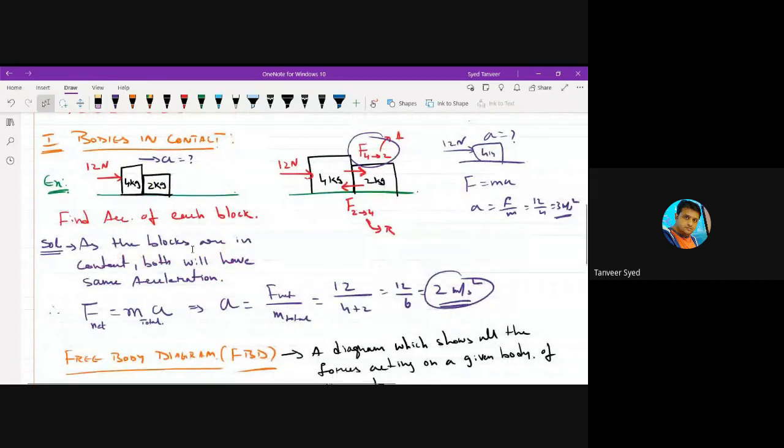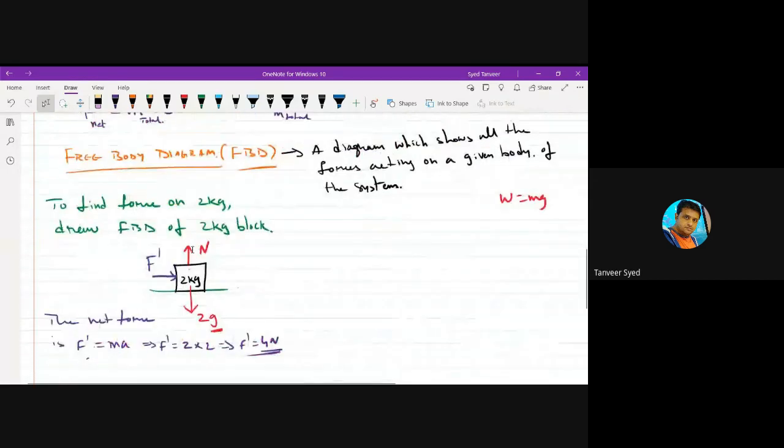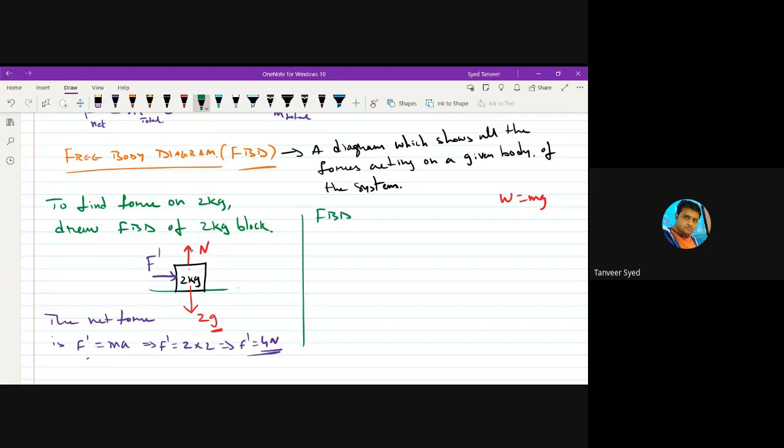Similarly, if I draw the free body diagram, FBD of 4 kg, horizontal surface, 4 kg block. You should show all the forces acting on the 4 kg block.